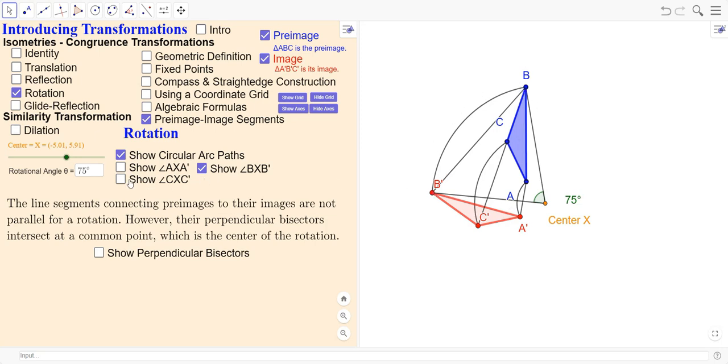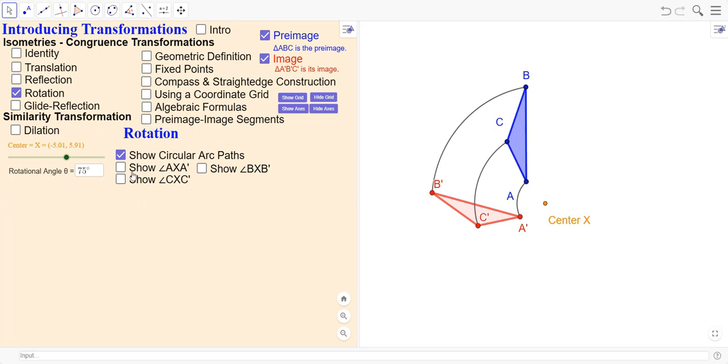That angle is there, and then here's the other one here. So if you just want to see the triangles, there are the three triangles. There's the circular arc paths there. Notice 75 degrees, 75 degrees, 75 degrees.